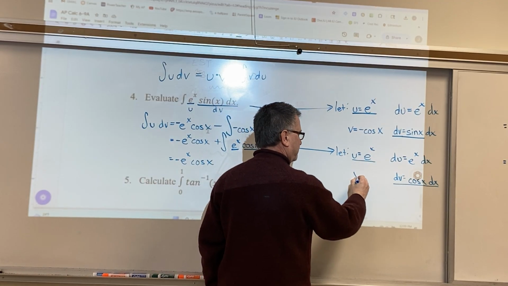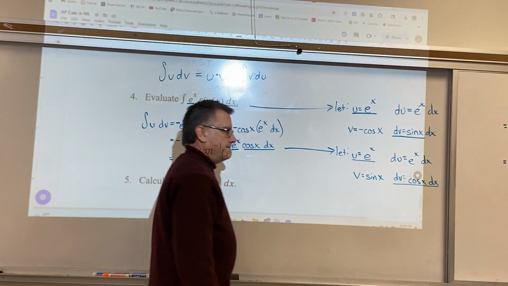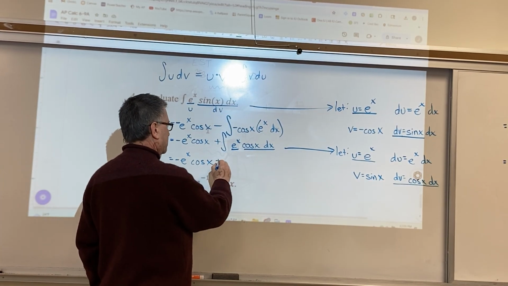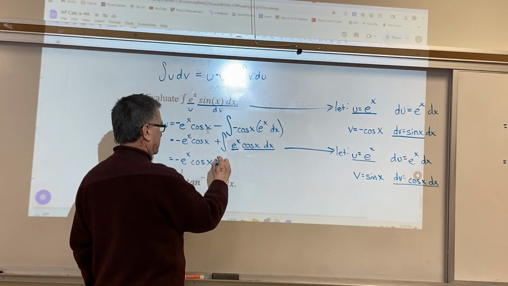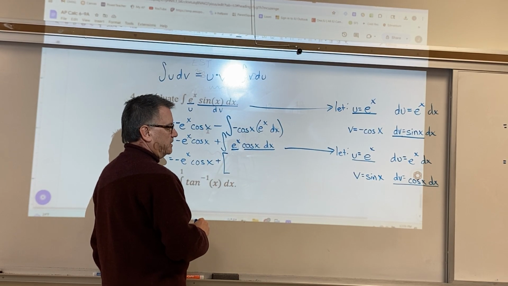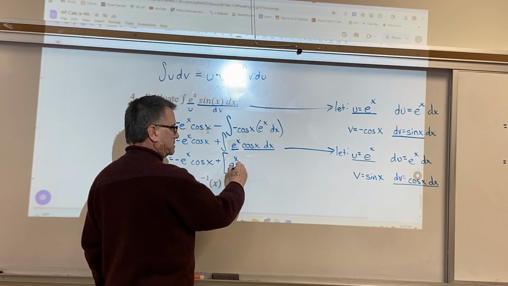And that would mean v would be sine x, right? So this part, I have to do the same thing. That's gonna be uv, e to the x sine x.